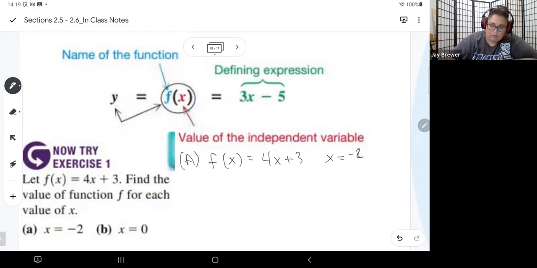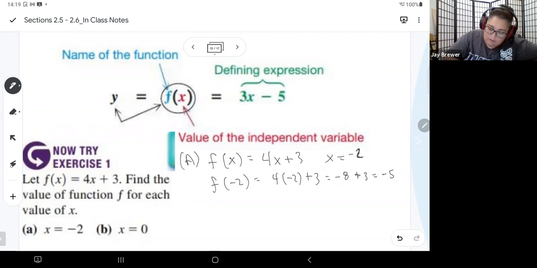All we would do here is replace x with -2. So f of -2 equals 4 times -2 plus 3. When we solve that, -2 times 4 gives us -8, plus 3 would be -5.